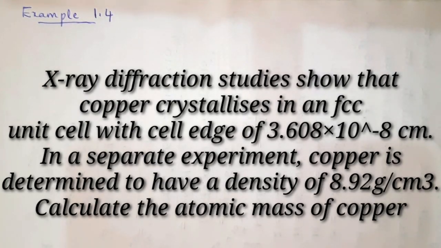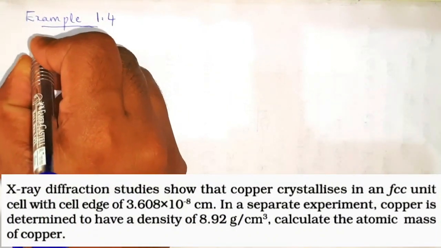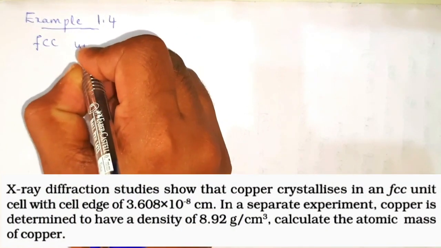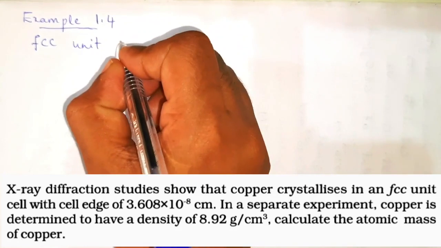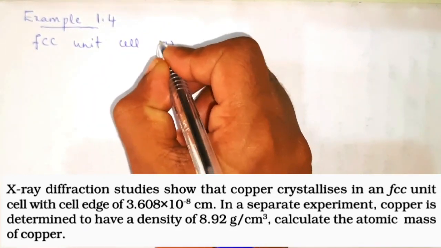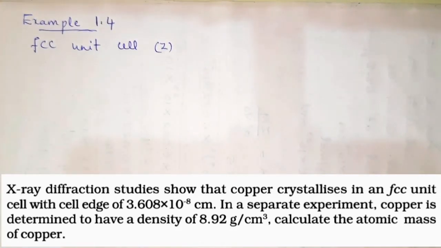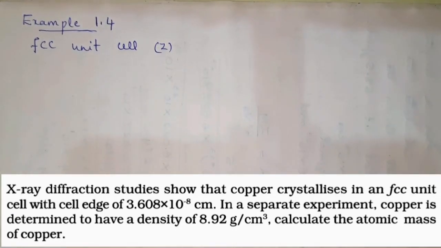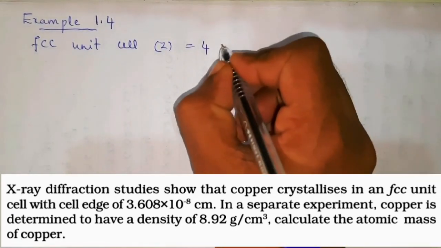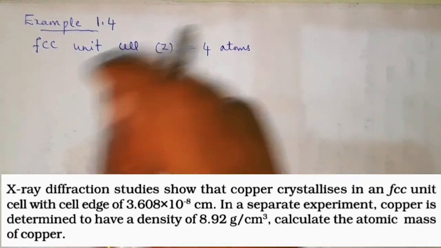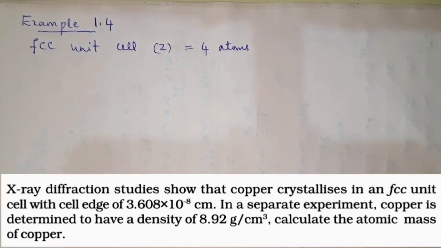It is said that copper crystallizes in an FCC unit cell. Since it is an FCC unit cell, the number of atoms, Z, is 4, because in FCC the total number of atoms is 4.